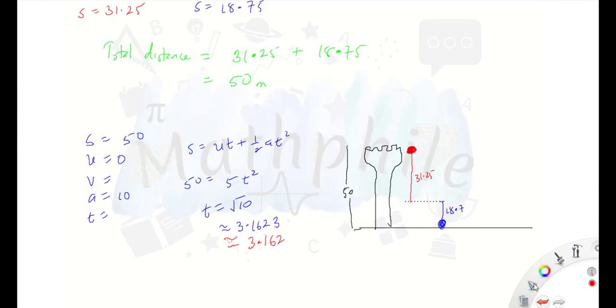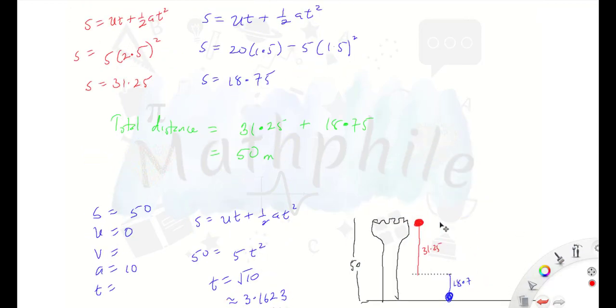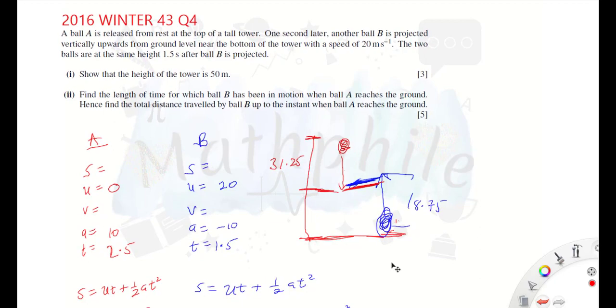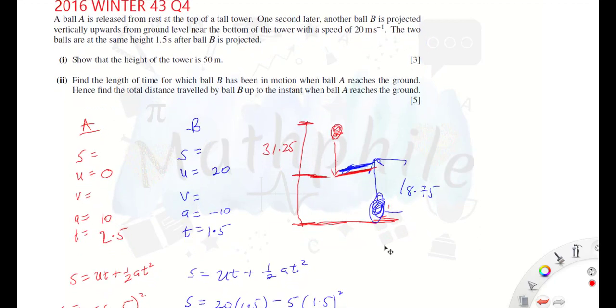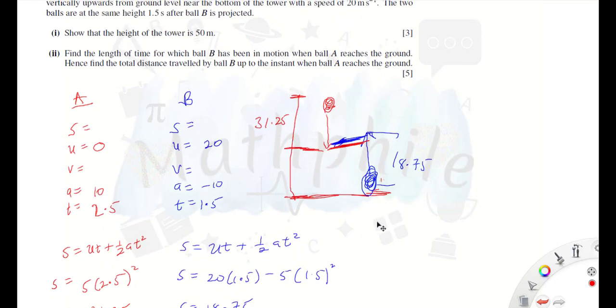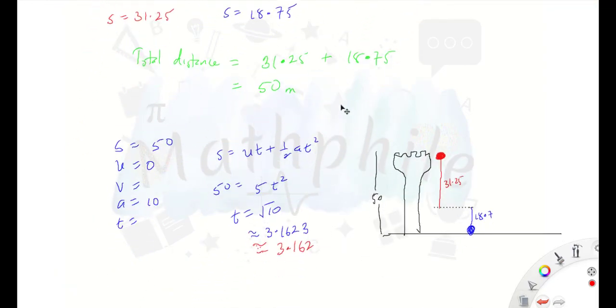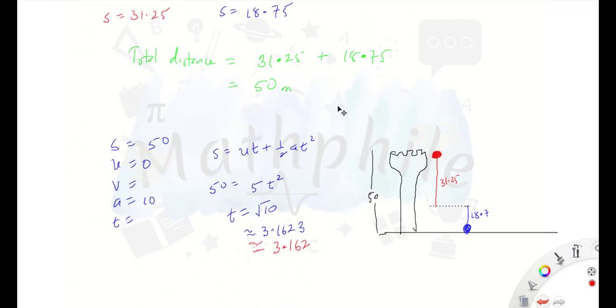Now the question was saying something else. What was the main thing about the question? We have to find the total time for which B has been in motion when A reaches the ground. So what do you think we're going to do about this one? Now that we found the time it took for the red ball to hit the ground, we can set up our SUVAT for the blue ball.